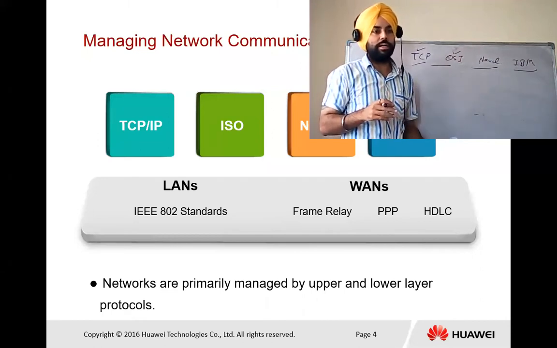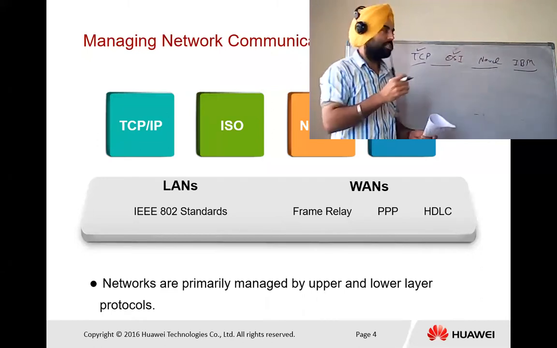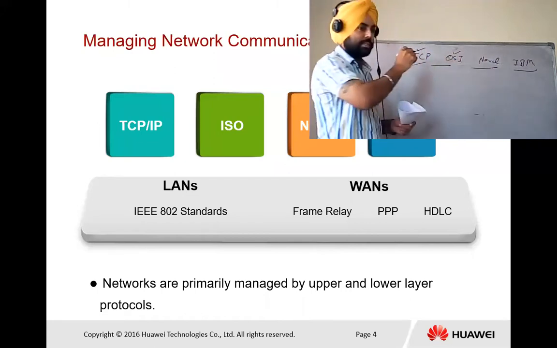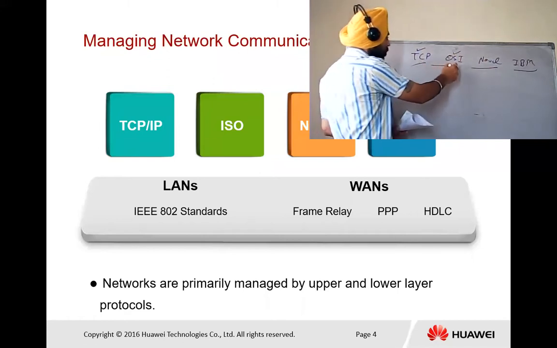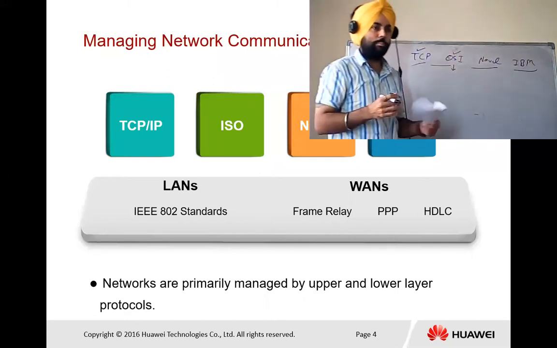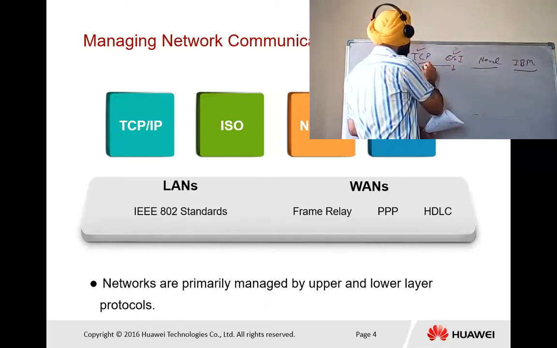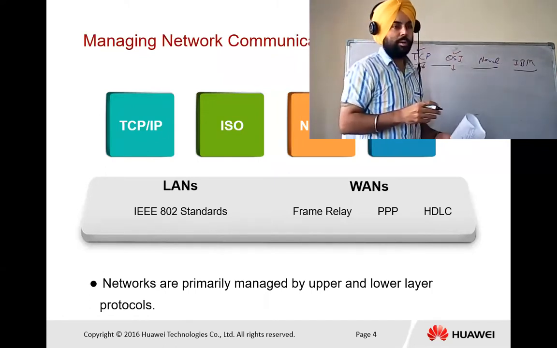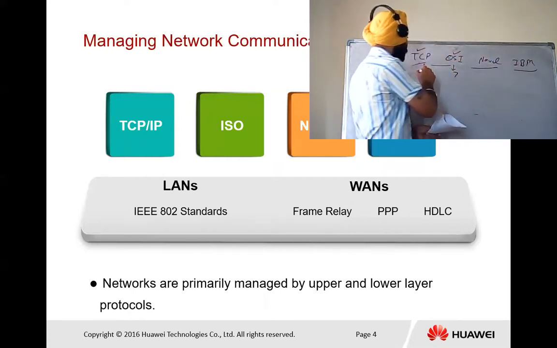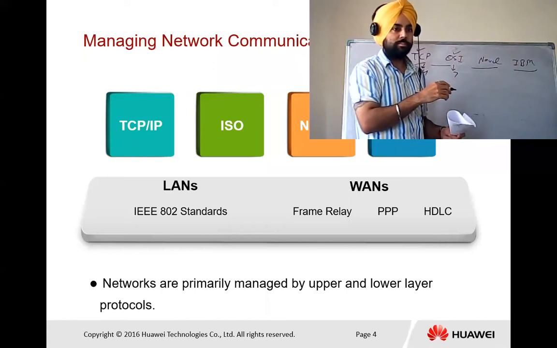It is not completely implemented anywhere, it is just a reference model. OSI is a layer-numbered model, and TCP is not a number-based model. OSI has 7 layers and TCP has 4 layers.